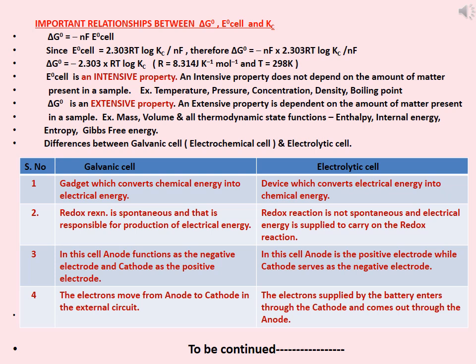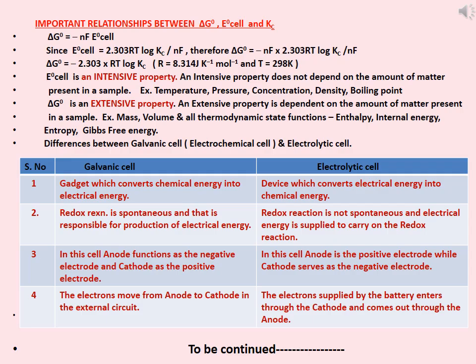Therefore, delta G naught is equal to minus 2.303 RT log Kc, where R is the ideal gas constant whose value is 8.314 joules per Kelvin per mole, and T is 298 Kelvin, 25 degrees Celsius.